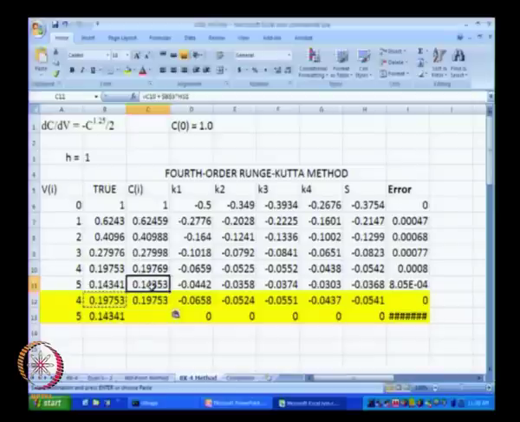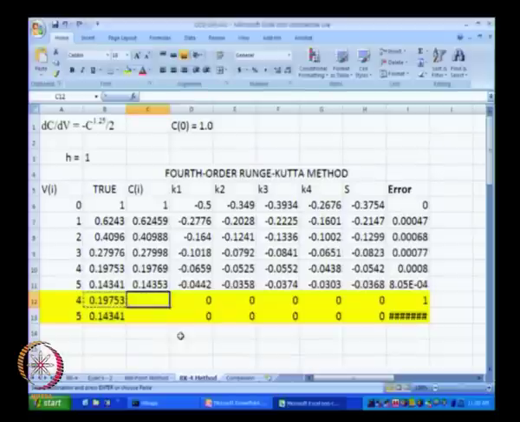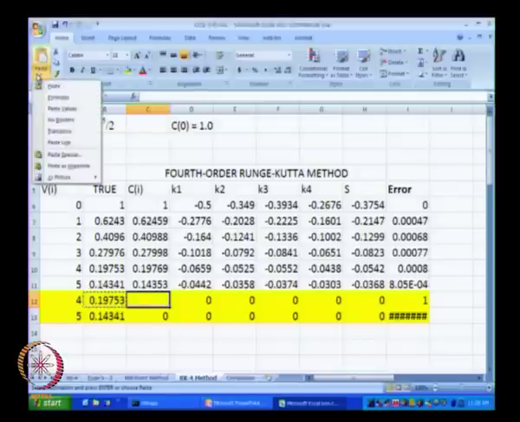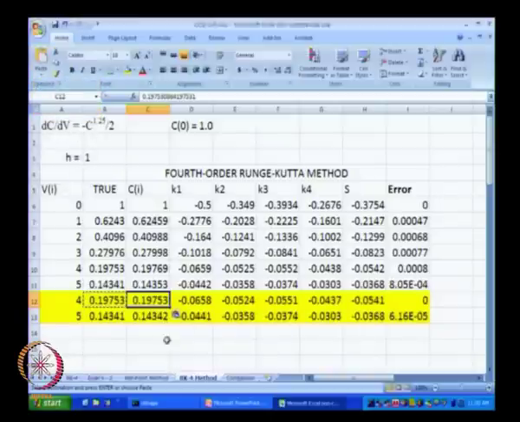And if I were to use the actual true value, I will copy this particular true value and paste it over here by using paste values. Now what we see over here is, let us say we started off from v equal to 0 and we reached v equal to 5.